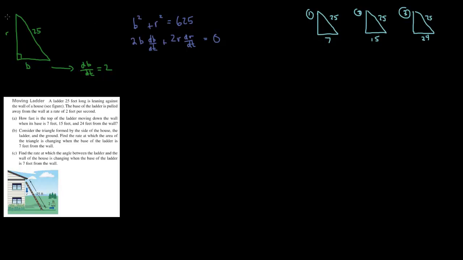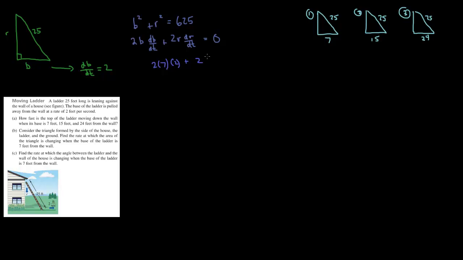Now let's take case 1 and start substituting in what we know. We know that 2 times b, and b in this case is 7, times db/dt, which is going to be 2 throughout this entire problem, plus 2 times r times dr/dt.